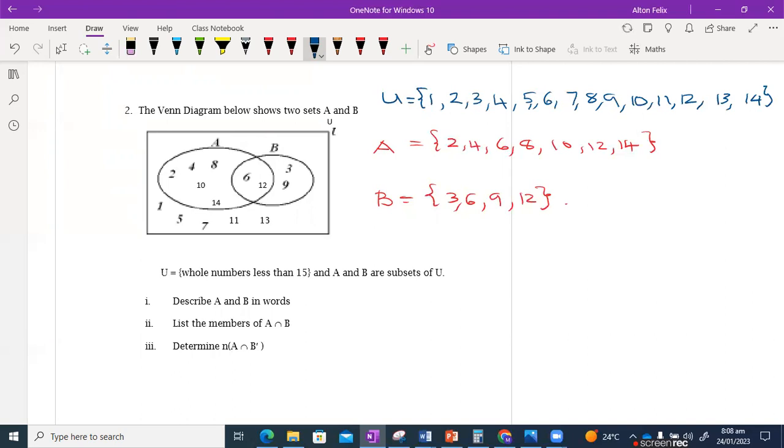So question 1 says, describe A and B in words. Now, when we look at A, it really is a set of even numbers up to 14.